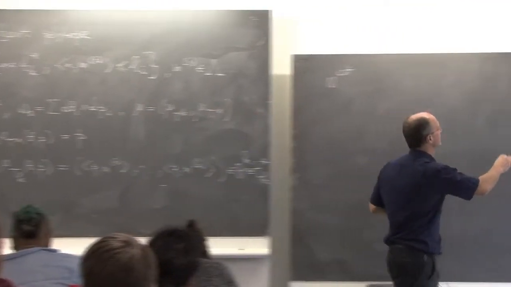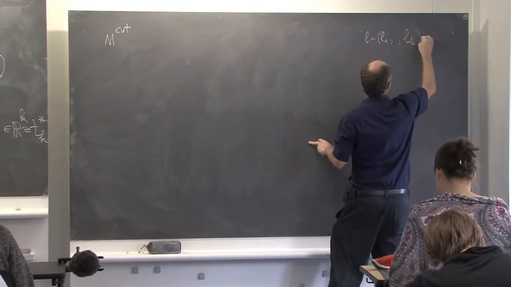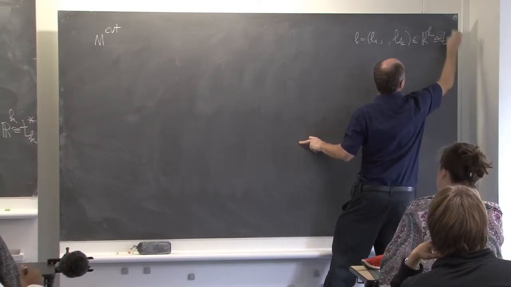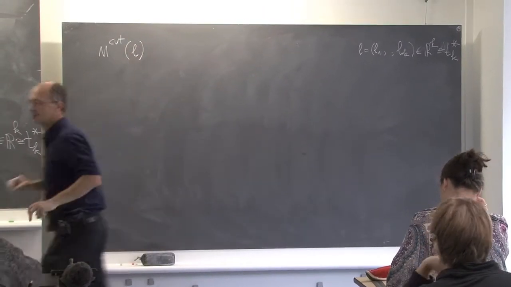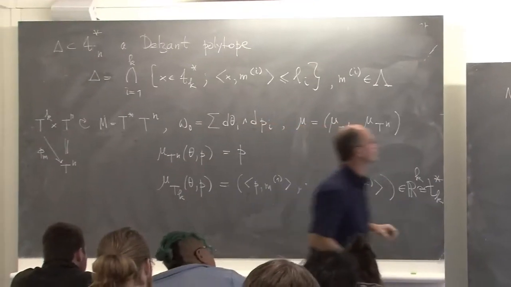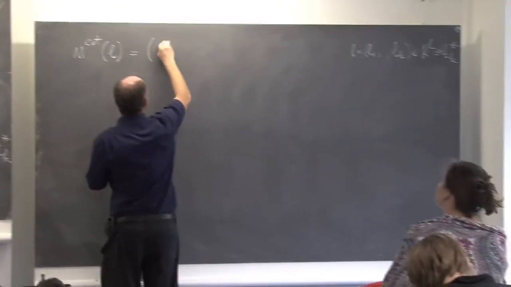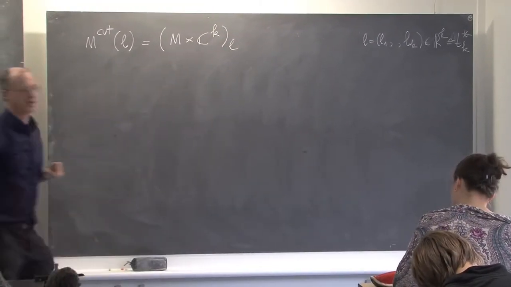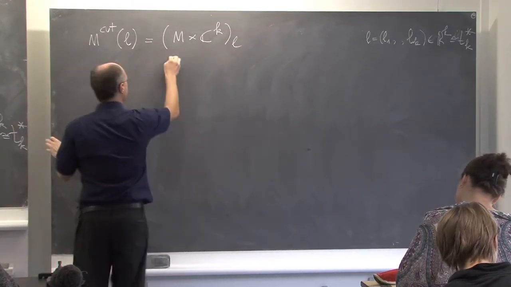So let me choose L to be (l1, ..., lk) in R^k. So we'll define M cut at the level defined by the right-hand sides of the inequalities. So by definition, we know this is the reduced space of M times C^k at level L.